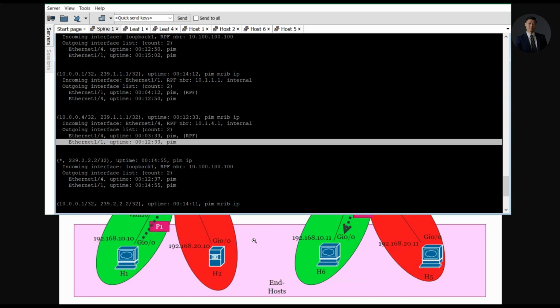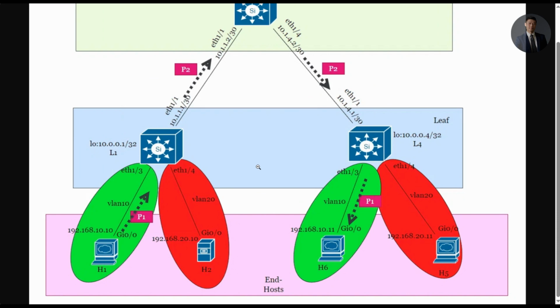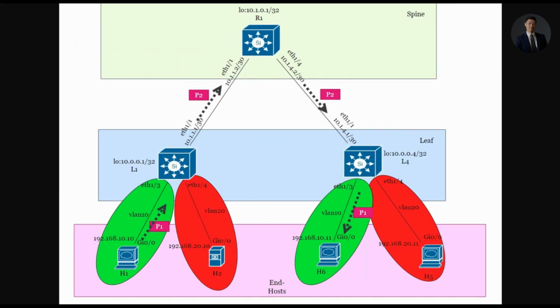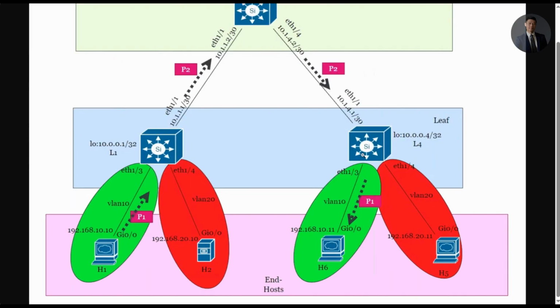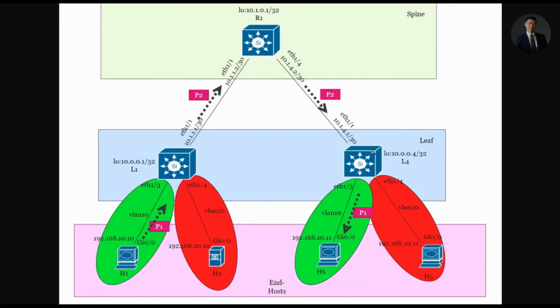Okay. Finally, leaf 4 receives the second packet. The packet is a multicast packet, so the packet is processed by the multicast stack. Leaf 4 can process this packet only if it has a multicast route in the multicast forwarding table.